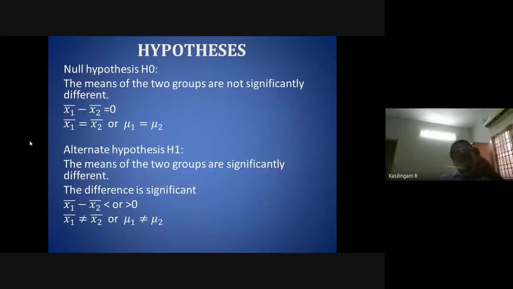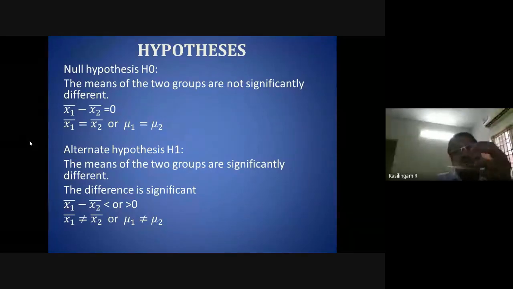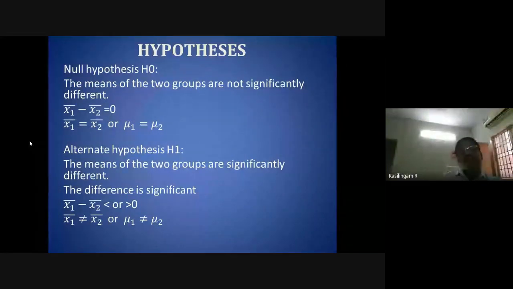You need to understand certain words available in the market. Mu means population mean. X1 bar means sample mean. Sigma is population standard deviation. Capital S means sample standard deviation.